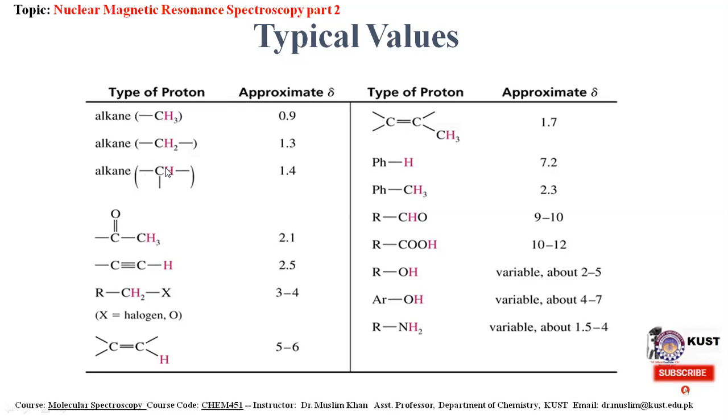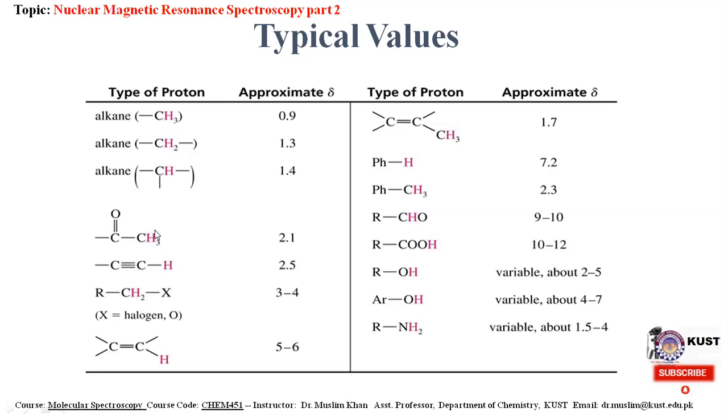A hydrogen attached to a tertiary carbon atom shifts more downfield, that is 1.4 ppm.